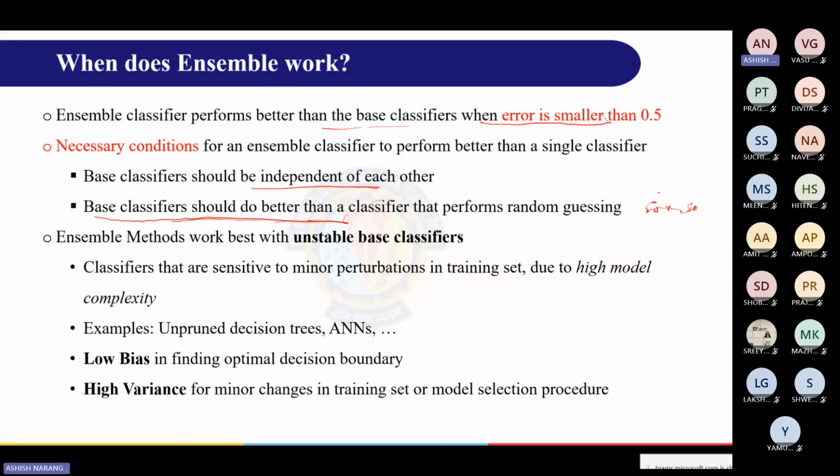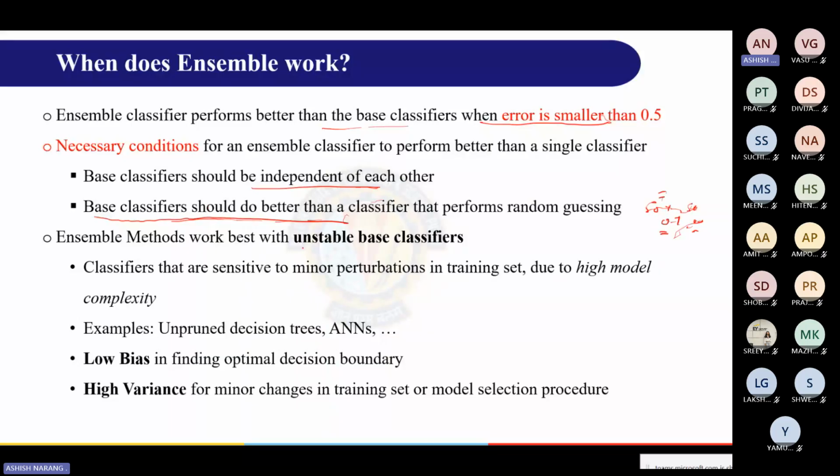But if it is going to make a better guess, let's say 0.7, 0.3, 70% of the time it is accurate, 30% of the time it is not, then the base classifier is doing better. It's not randomly guessing. Then you build an ensemble on top of them, and you are going to get a better result from the ensemble. Otherwise not. If the base classifier accuracy is less than 0.5, you are not going to get a good result.